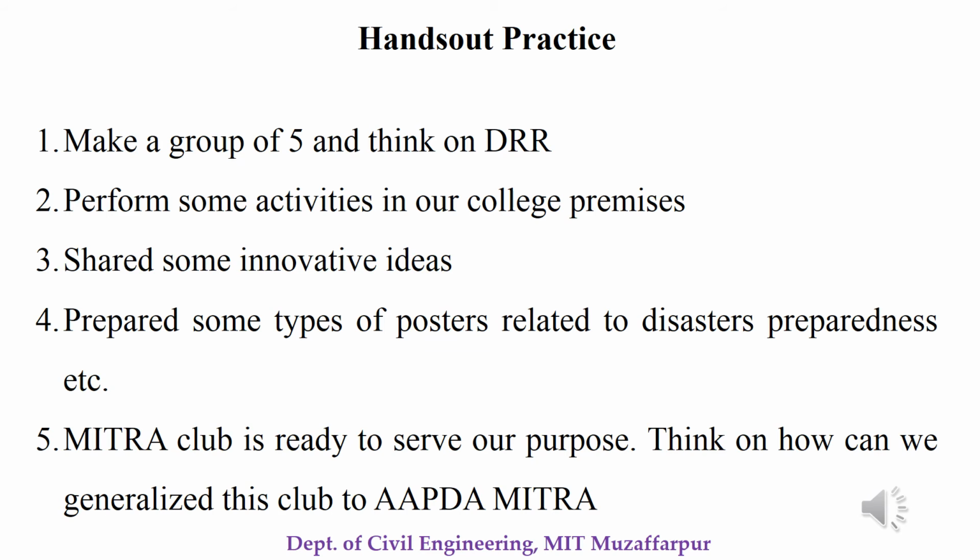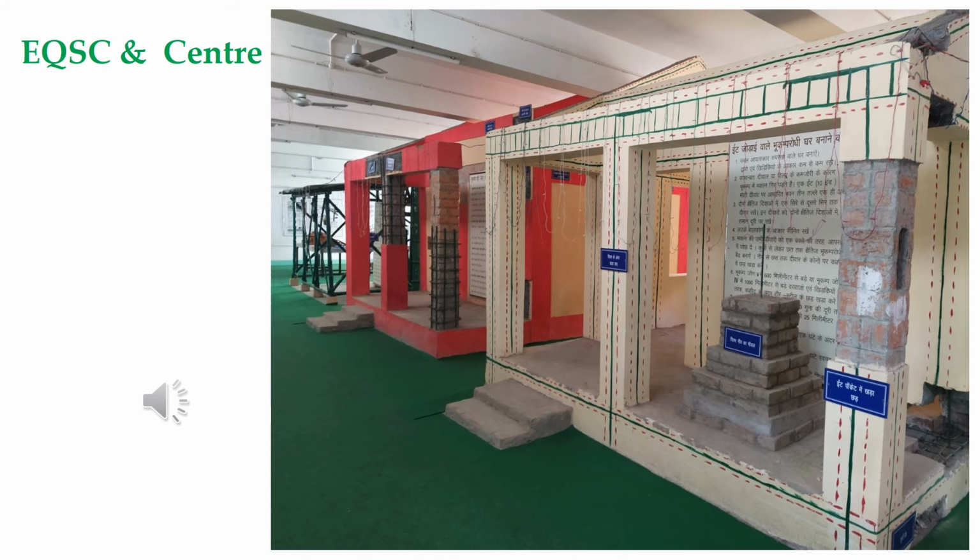So we can think on what kind of technology or device we can put in that particular model to make it more efficient at the time of disaster. Okay. So this is the model which was kept in the Earthquake Safety Clinic and Center.